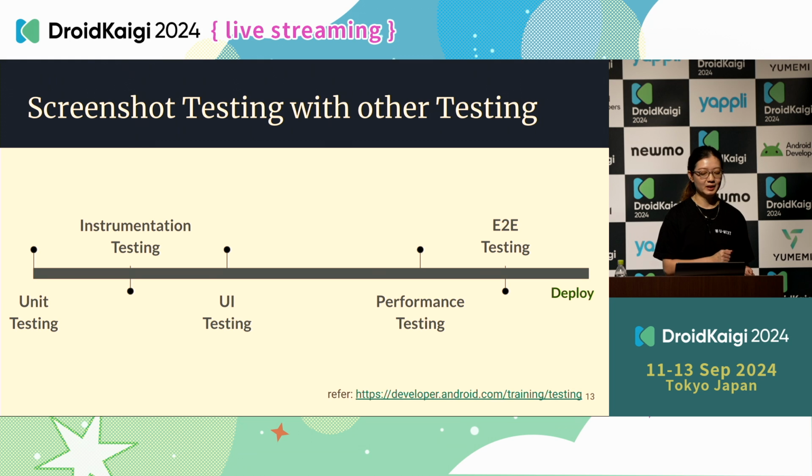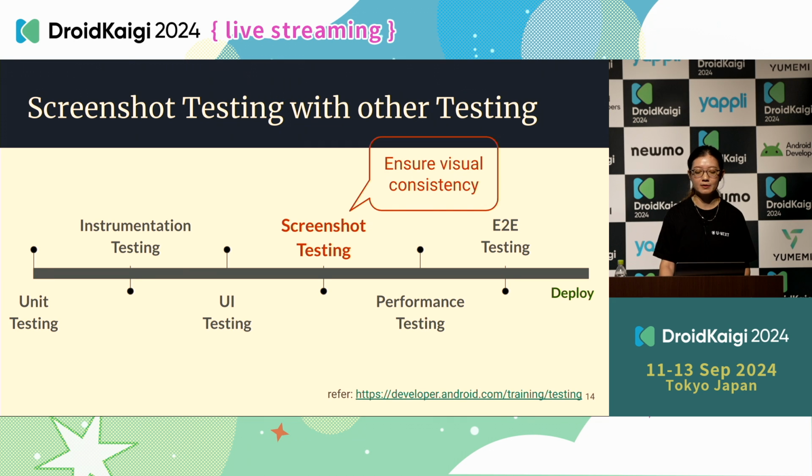Next, we have instrumentation testing, which assesses how components interact with the app. We may also perform additional UI testing to ensure that the UI not only displays correctly, but also functions as intended. Finally, we conduct performance testing and E2E tests. These are key for validating the app's overall functionality and performance before deployment.